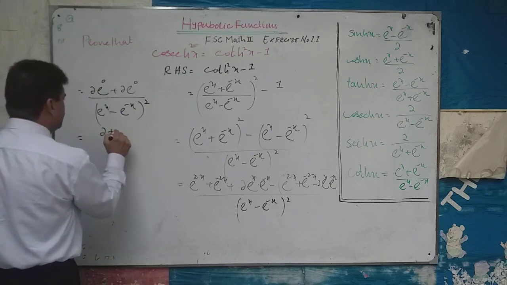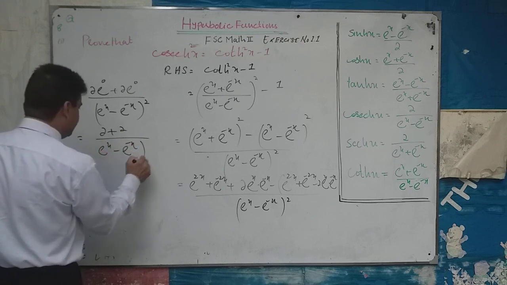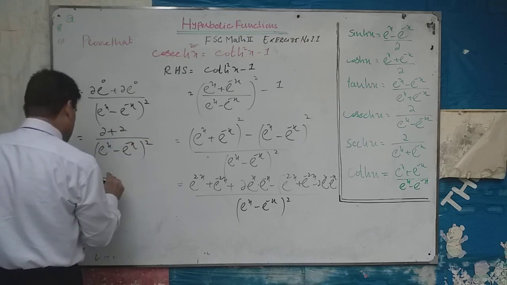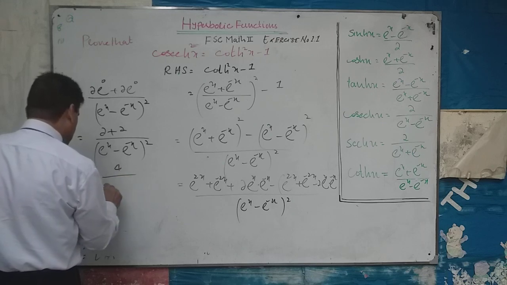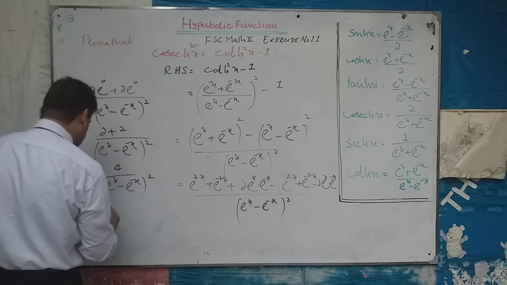We will get 2 plus 2 divided by e raised power x minus e raised power minus x whole square. We will get 4 by e raised power x minus e raised power minus x whole square.